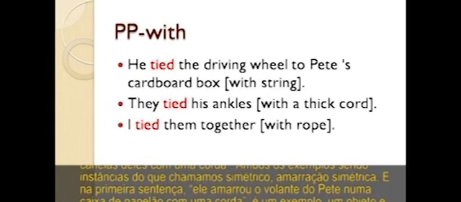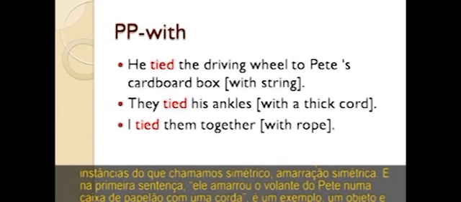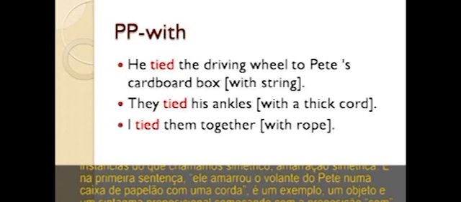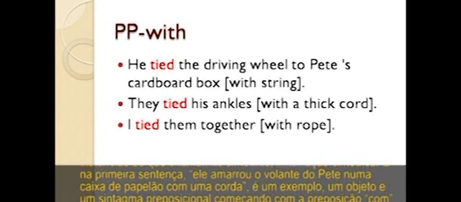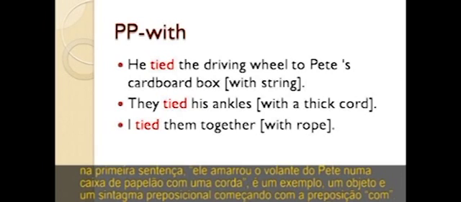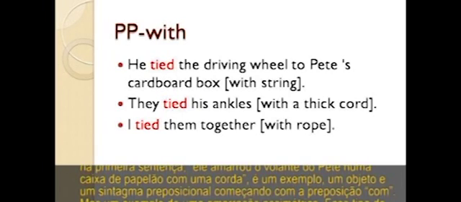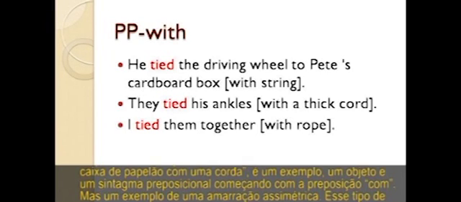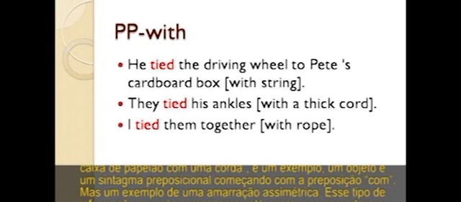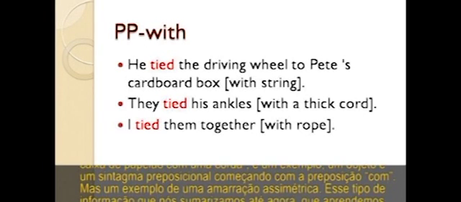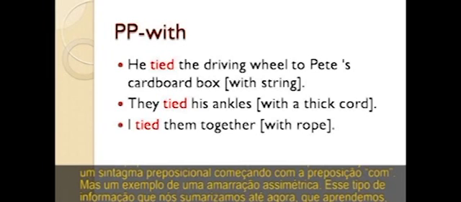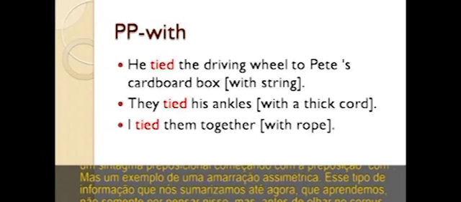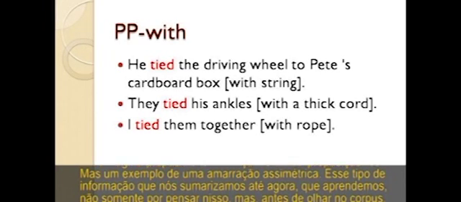Both of those examples being instances of what we call symmetric tying. And the first sentence, he tied the driving wheel to Pete's cardboard box with string, another example of an object in a prepositional phrase beginning with the preposition with occurs, but an example of asymmetric tying.